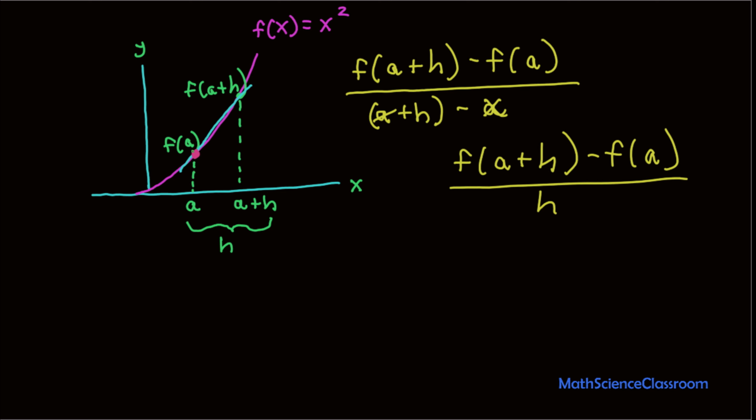This is where limits come in. So what we do is we look at our h value here, and we bring our h value down and down and down until the h value is 0. And at that point, we will have our instantaneous slope.